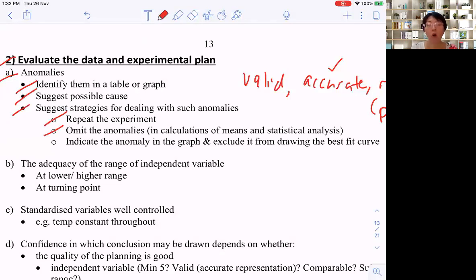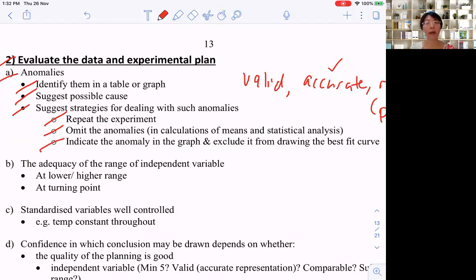Omit the anomalies from all the calculations that you want to do from then onwards. Data analysis, calculations: calculation of mean, median, mode, all the statistical analysis, you omit the anomalies. Because anomalies are all error, they add error to your calculations. Your calculations will not be accurate or reliable.